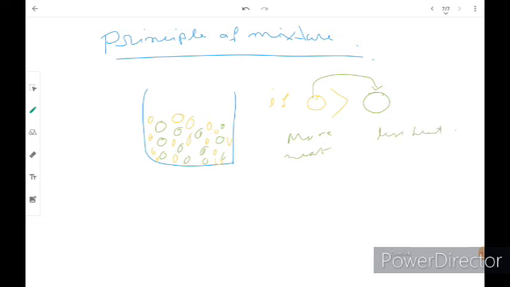They will continue to flow until they reach equilibrium.